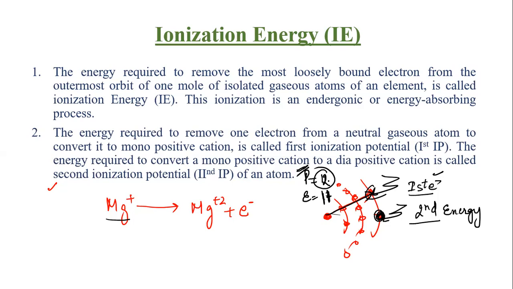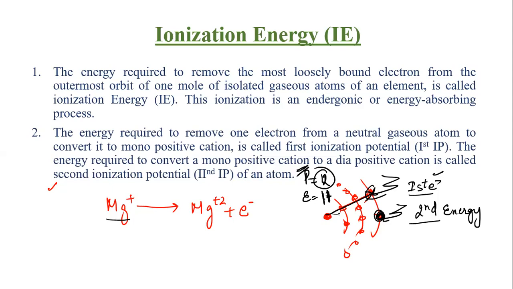Means 12 protons are attracting 12 electrons. But in the second case, after losing the first electron, the number of protons is the same, 12, but the electron number is decreased. So the force of attraction on that electron will increase or decrease?